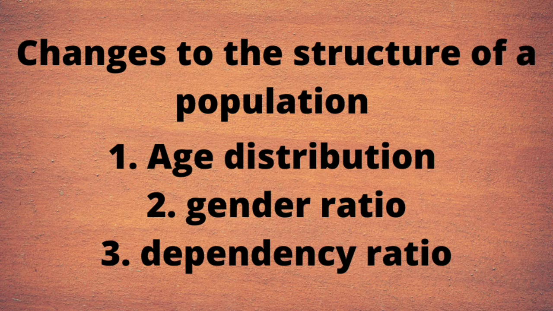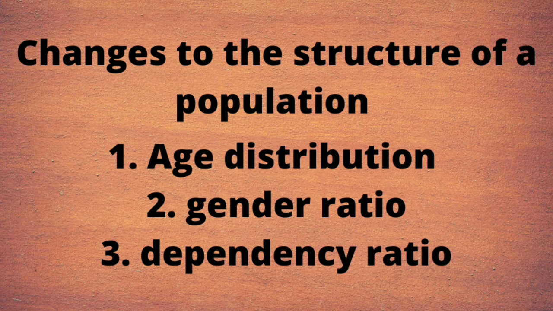Now, the dependency ratio is basically the number of working people in relation to those persons that have to depend on somebody to provide for them. The persons that normally fall in the dependency category are younger children and older persons. So in relation to the persons that are working, the persons that make up the labor force, younger children and older persons are considered as dependents. So that is basically the dependency ratio.